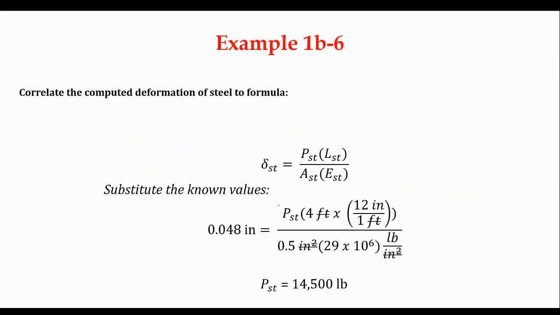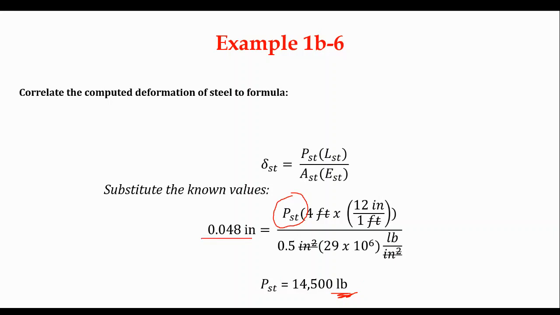Diba? Substitute mo ang deformation sa steel, substitute ang area, substitute ang elasticity, ang makuha nimo na force sa steel, pounds. Okay? Pounds naman lang ang unit. Okay, so ang force diay ni steel, 14,500 pounds.